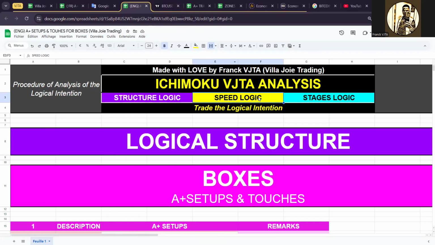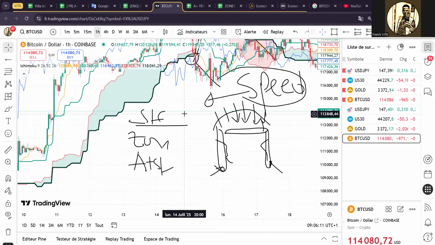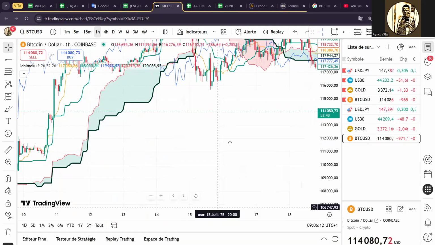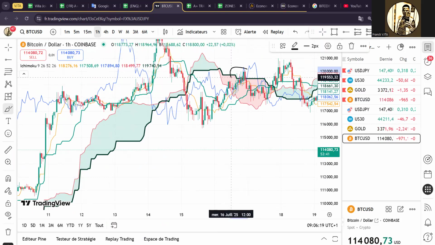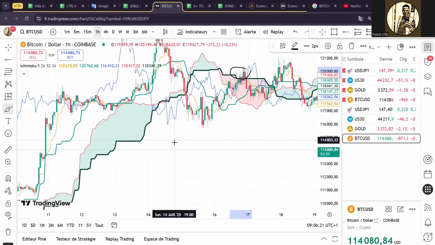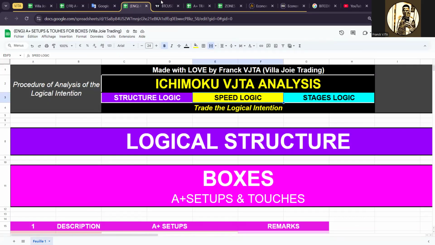There's a sort of speed logic that you need to have. For the moment, I'm talking to you about the logical part of the structure, like the A plus setup. All right. So don't start making your life out of it. An analysis has many elements like this: structure, speed, and phases, and stages, right?